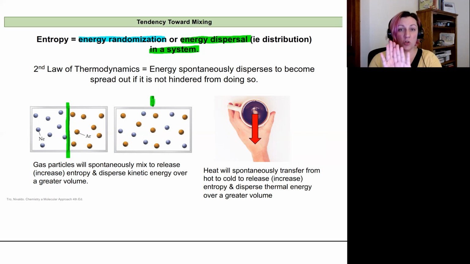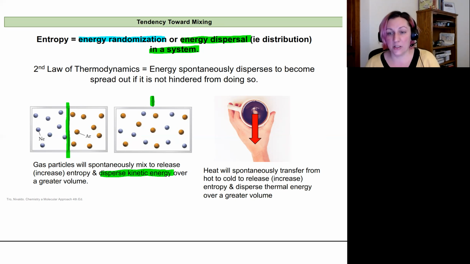So it's distributed over the entire system rather than isolated in one piece. And what's happening there is that we're increasing entropy by dispersing the particles and really their kinetic energy over that larger volume. And so, really, what we're seeing here for entropy is the dispersal of kinetic energy within the system and spreading it out.